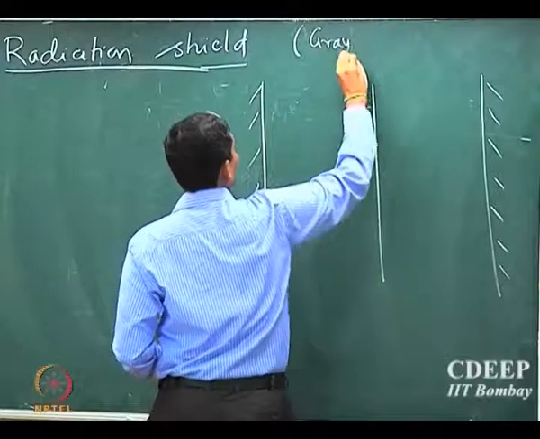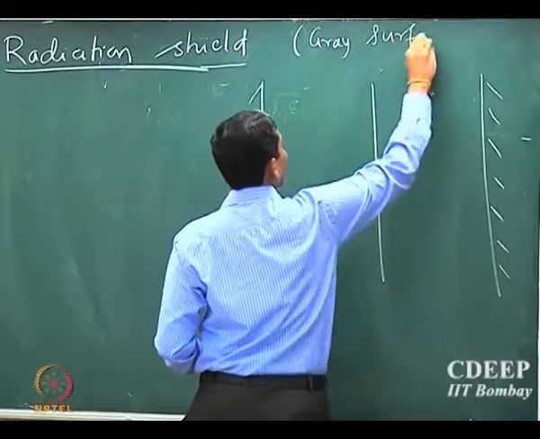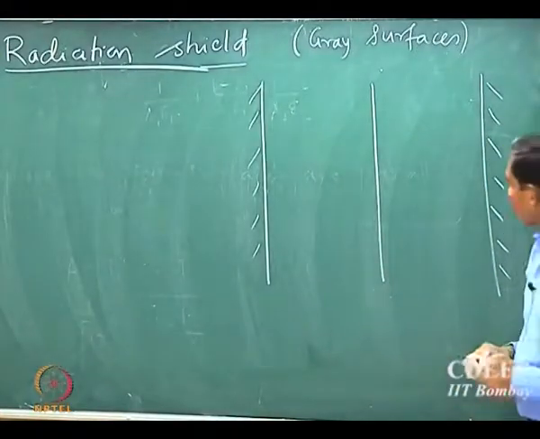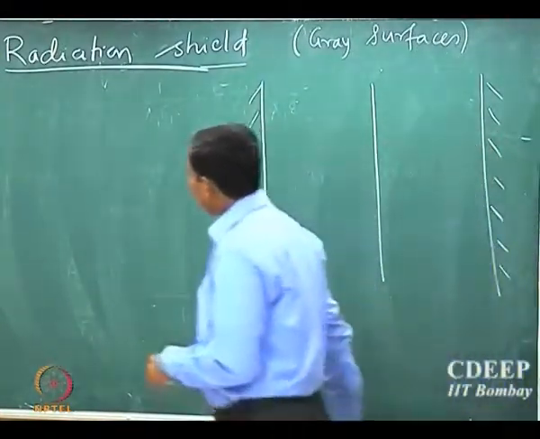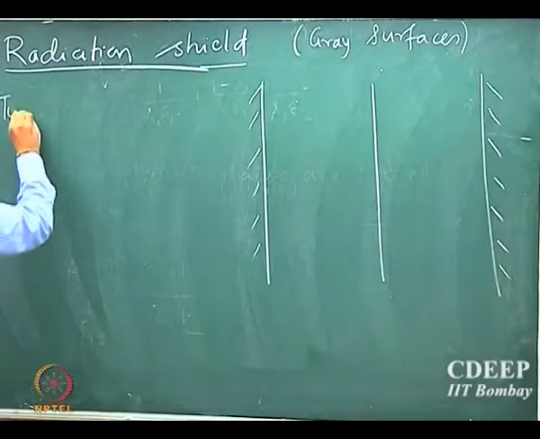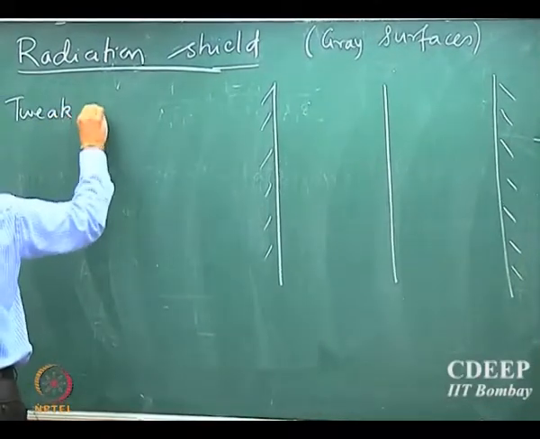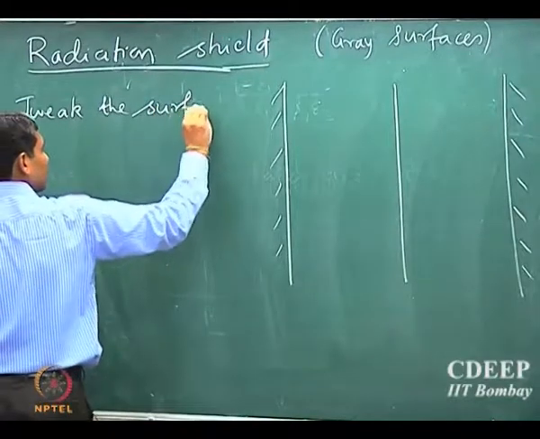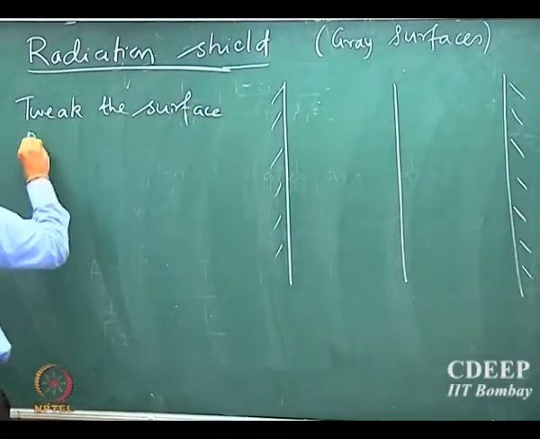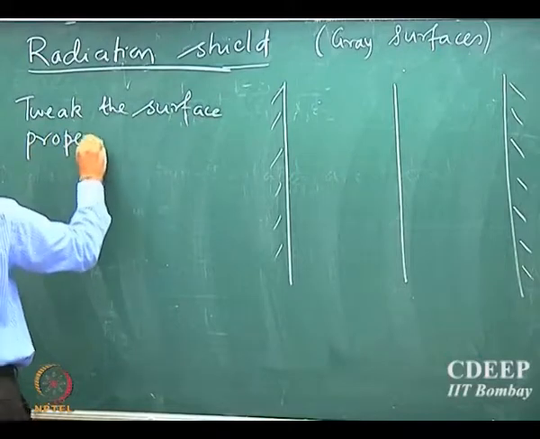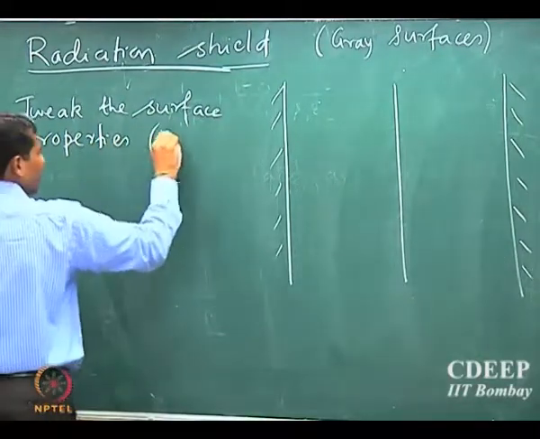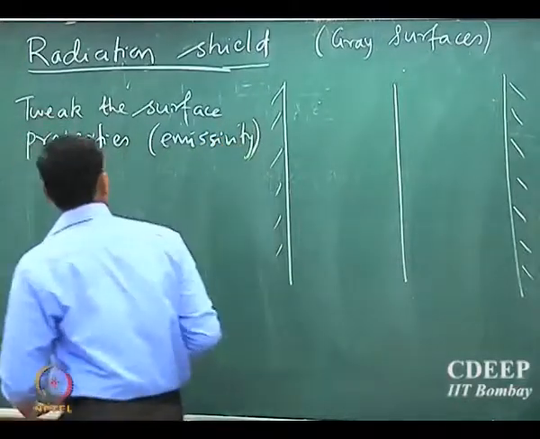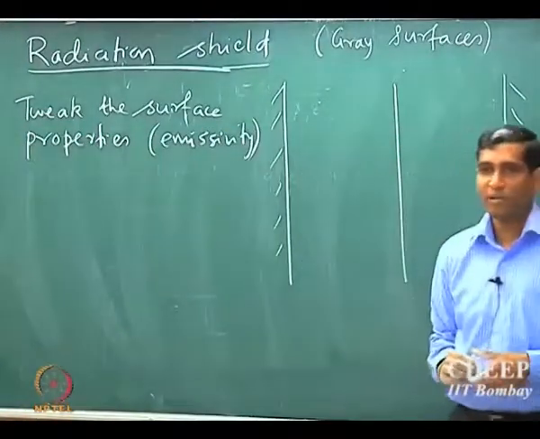Of course, one could derive all the relationships for a general surface, but we will not do that in this course. The way it's done is we tweak the surface properties, particularly emissivity.